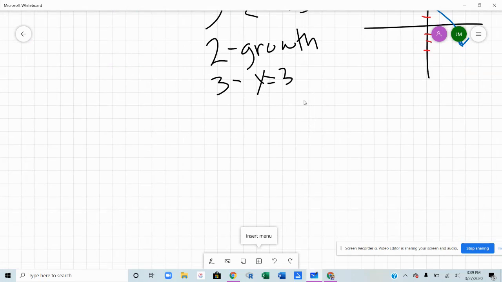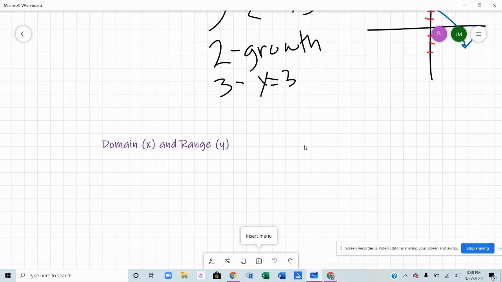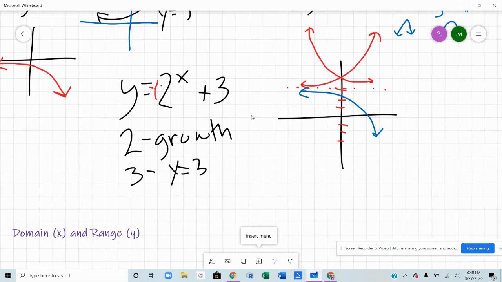All right. Next part, our domain and our range. So these ones we need to talk a little bit more about. The nice thing is domain is still easy. You come back and look at any of these graphs. Domain is your x.